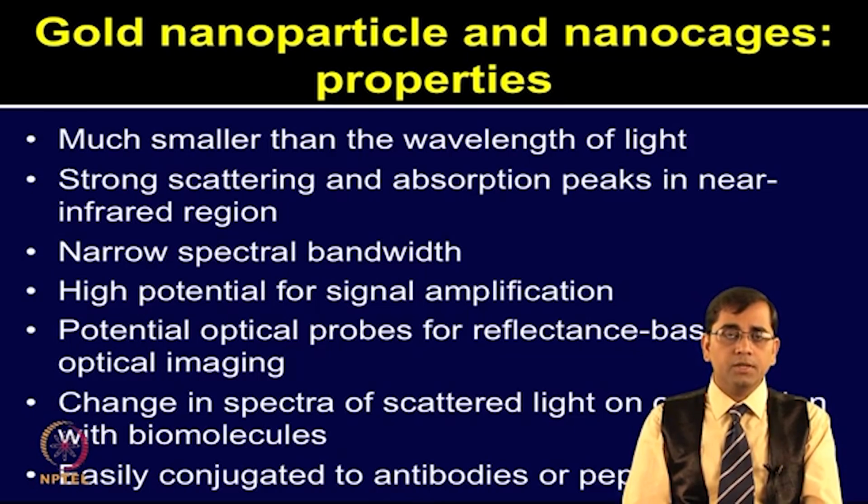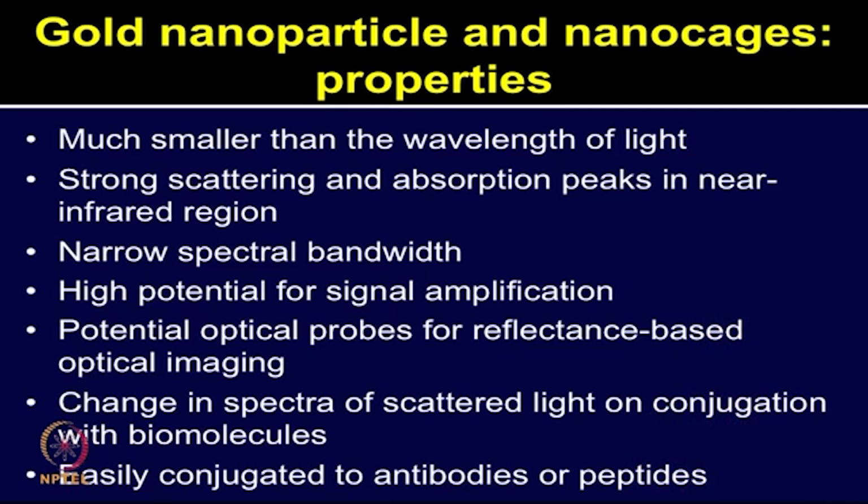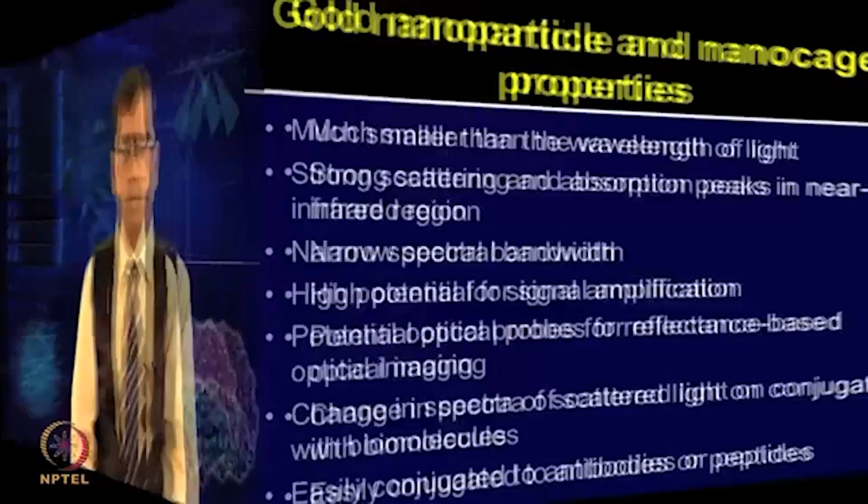They have high potential for signal amplification, and they can act as optical probes for reflectance based optical imaging. They can be easily conjugated to antibodies or peptides, and the change in spectra of scattered light on conjugation with biomolecules is observed by using these gold nanoparticles and nano cages.